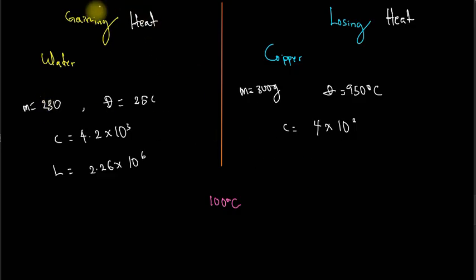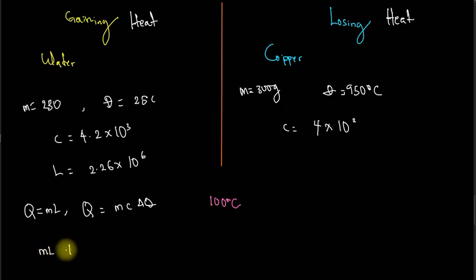So heat gained is equal to total heat lost. Total heat gain is, we have latent heat, Q equals ml. We also have from specific heat capacity, mc, change in temperature. So we're going to add them together.